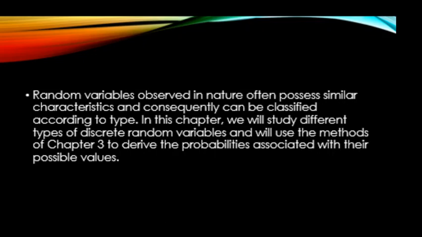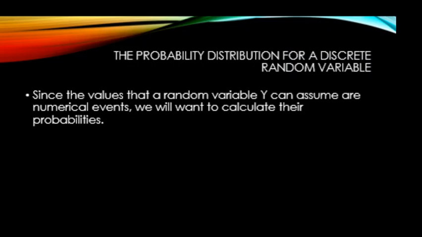So our experiment can be in the form of one of these distributions, and we can describe the probabilities of the variable. So let's start with just discussing a discrete random variable in general, and then we will look at specific distributions in the next few lectures.